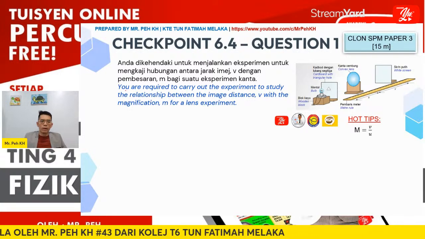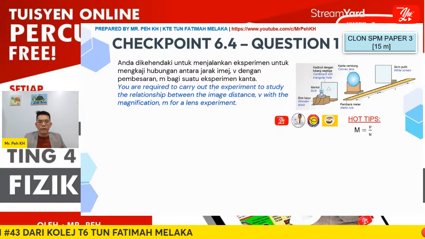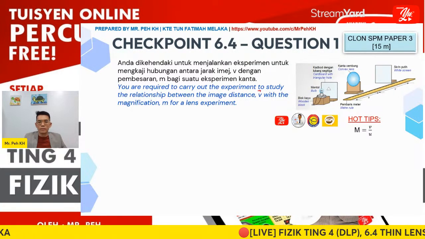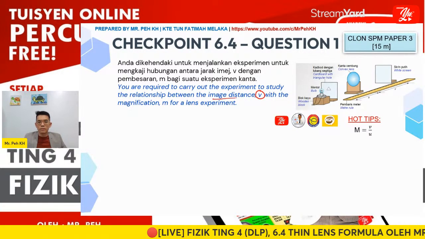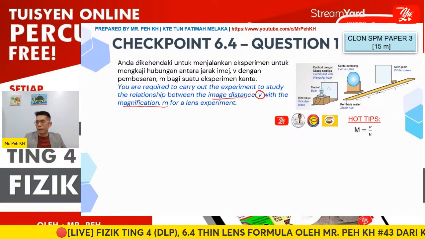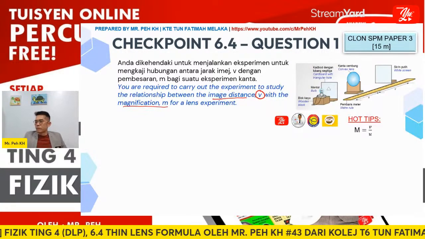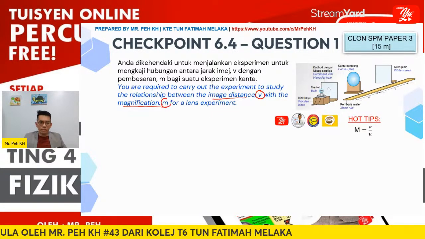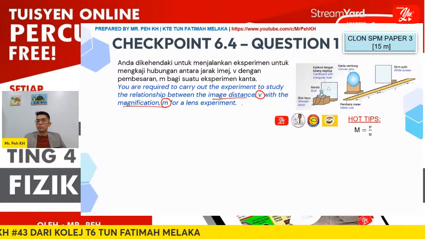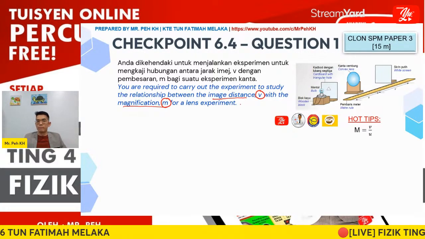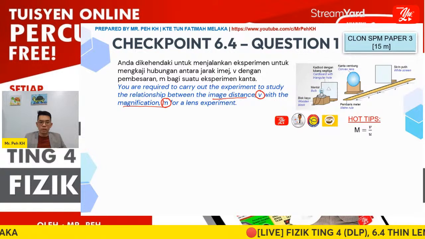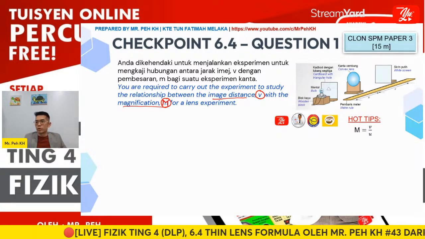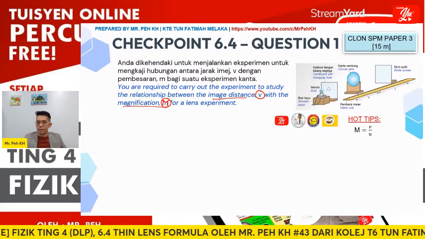You are required to carry out the experiment to study the relationship between the image distance V and the magnification M. Here is a different part where the question requires you to study V and magnification. Magnification uses capital M, to avoid conflict with small m, which represents the gradient.